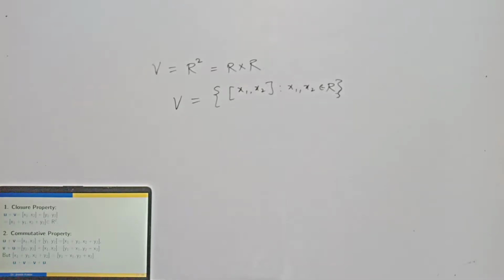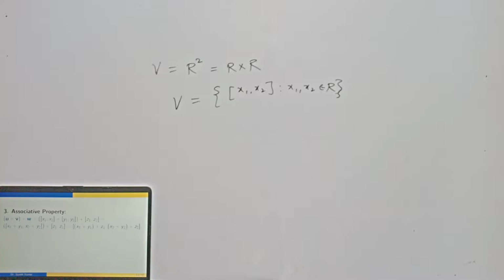Axioms of real numbers you can use directly. At the most you can mention here you are using the commutative property of addition in real numbers. So it is fine. You have verified u plus v equal to v plus u following the definition of vector addition in the given vector space.